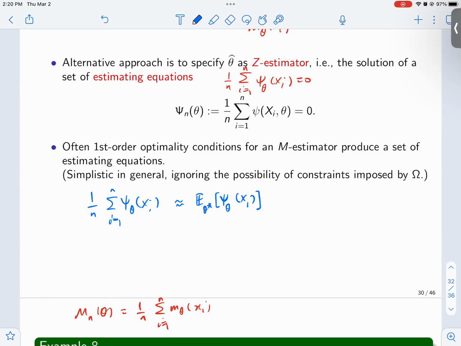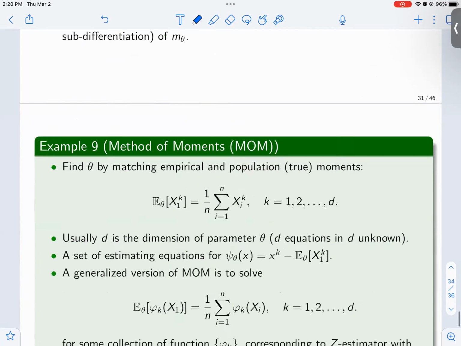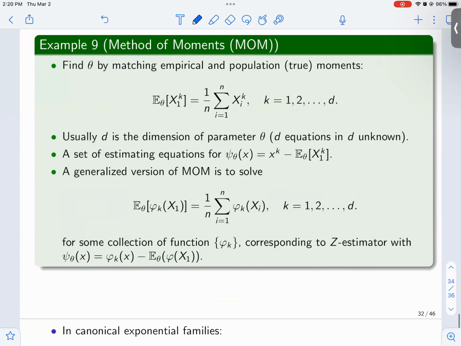Okay, so because it came up, you would do something like this. These are the moments, the psi, you take x to the k, for example, and then the actual moment. And then when you set it equal to 0, effectively you're equating the population moments to the empirical moments.